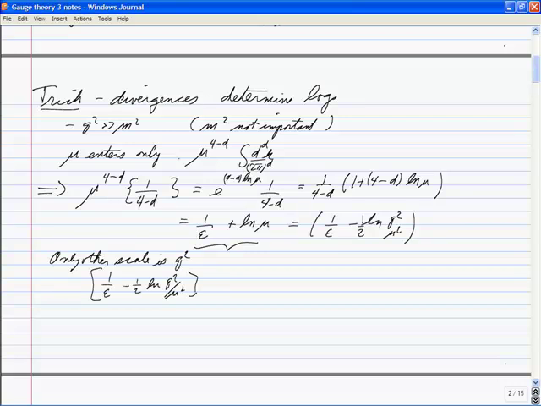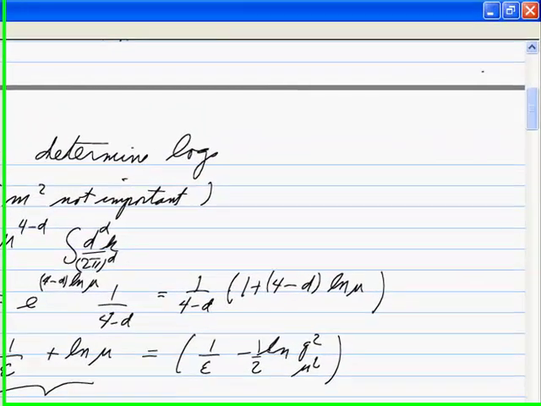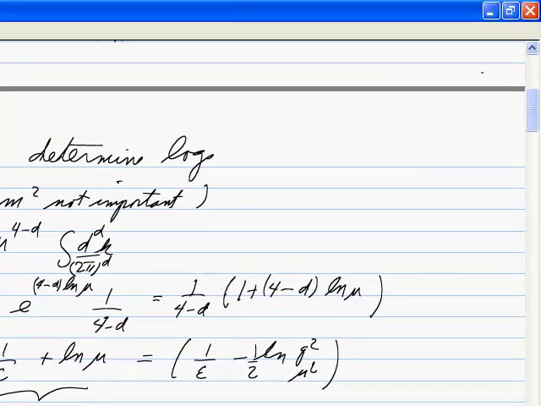So the log q squared piece, which is nice and physical, mu is irrelevant, but q is physical, also carries the same coefficient as 1 over epsilon.